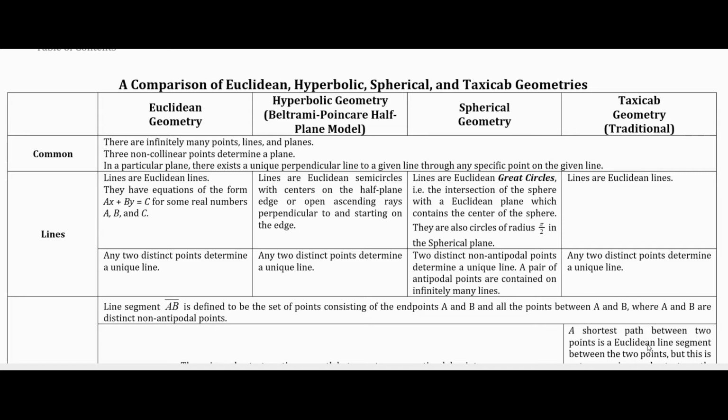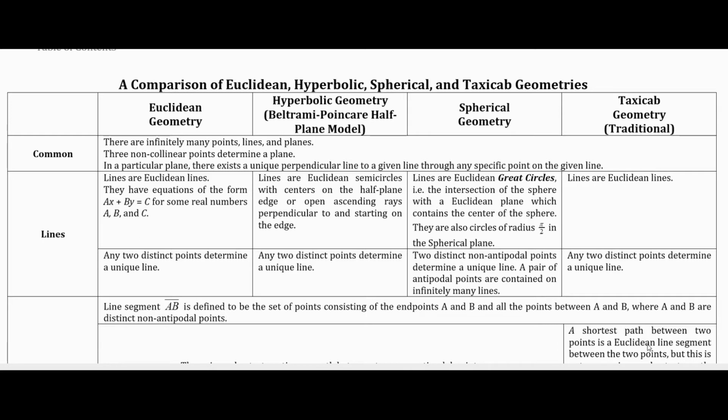Some things they have in common: there are infinitely many points, lines, and planes in all four geometries. Any three non-collinear points determine a plane, and in a particular plane, there exists a unique perpendicular line to any given line through any specified point on the given line.